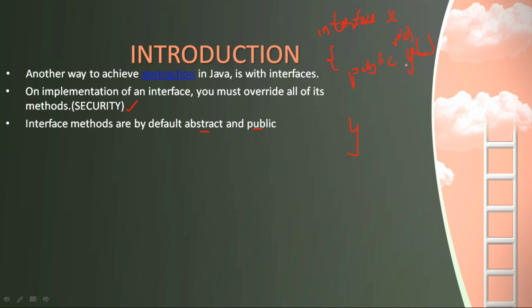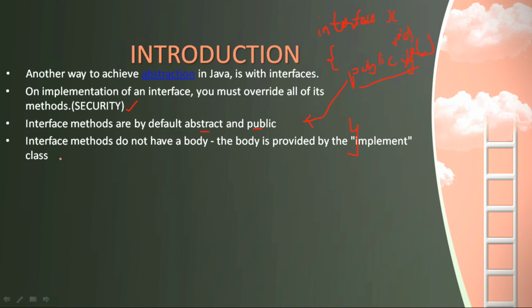This method is by default an abstract method and a public method. Interface methods do not have a body. The body is provided by the implements class.